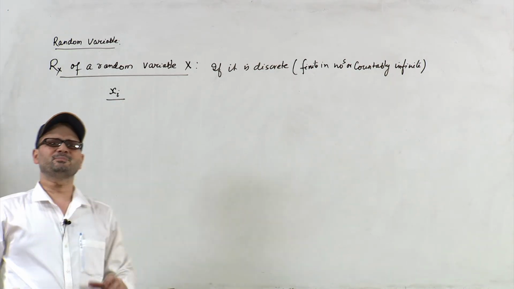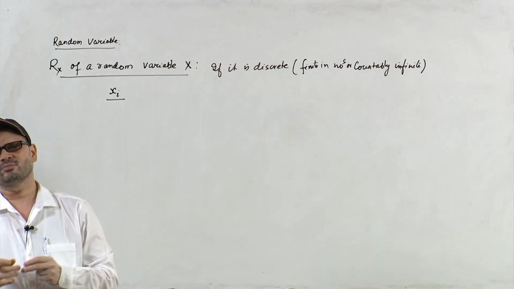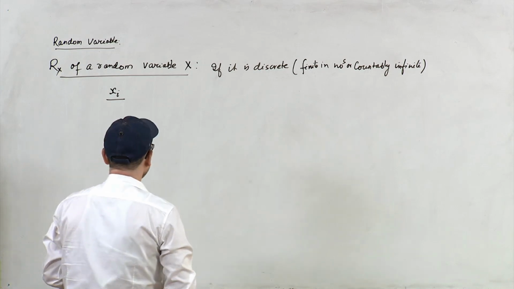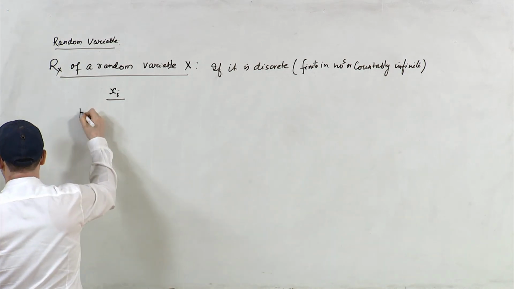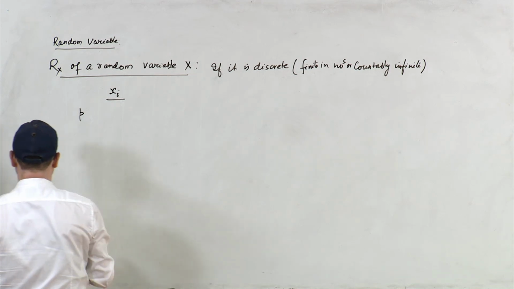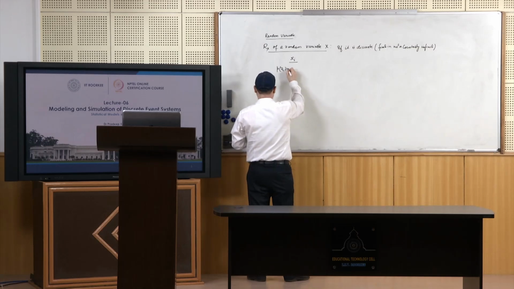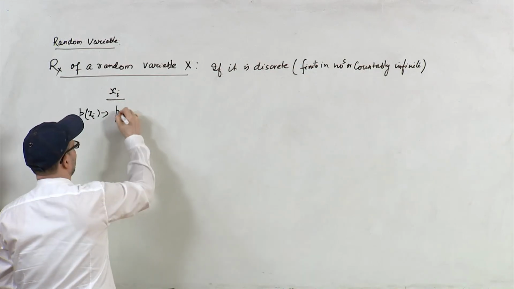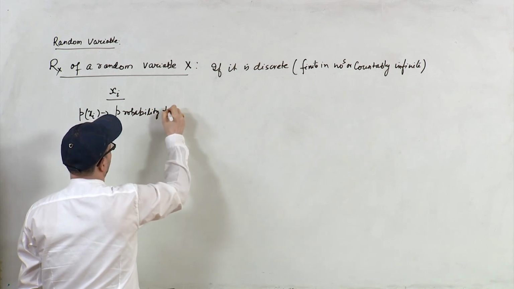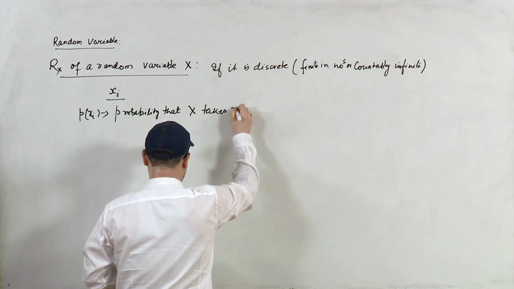So, xi are basically the values, and i will be varying from 1 to whatever value it takes, and p(xi) is the probability that X takes xi.